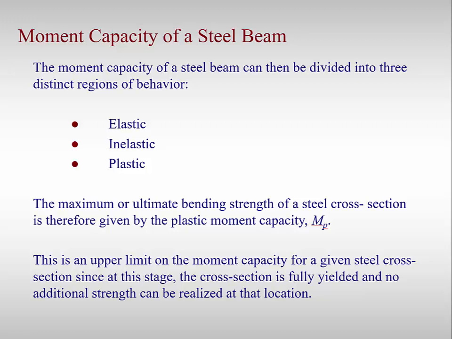It is important to note that the maximum or ultimate bending strength of a steel cross-section is given by the plastic moment capacity, or M sub P. This gives you the upper limit on the moment capacity as the cross-section is fully yielded and no additional capacity is available. Therefore, the plastic moment, or M sub P, is a limit state for beams.